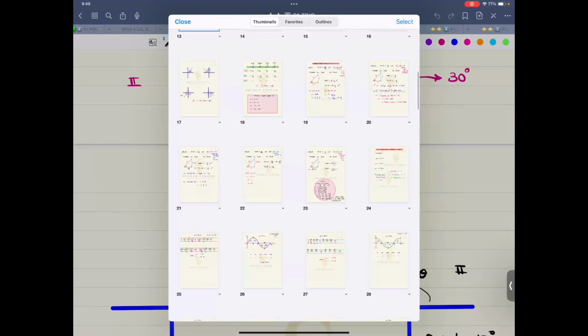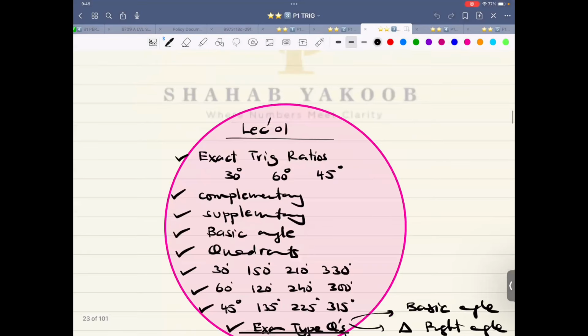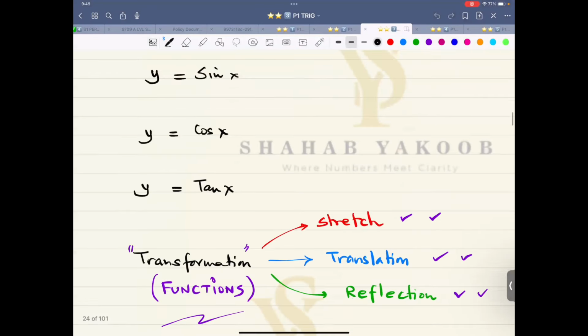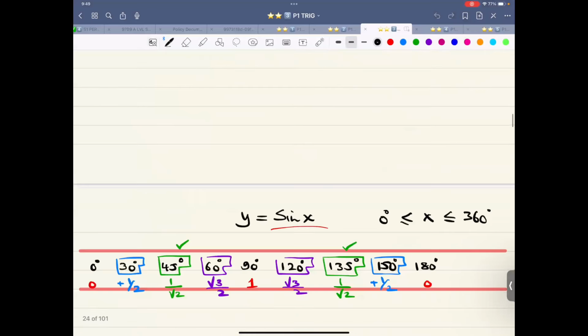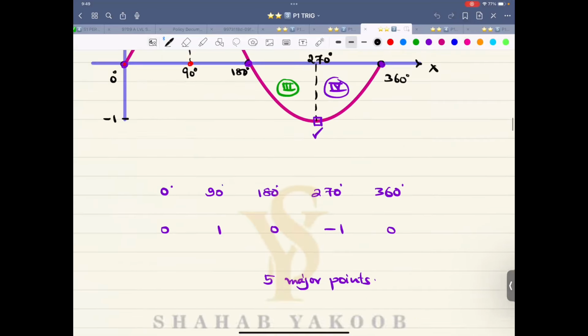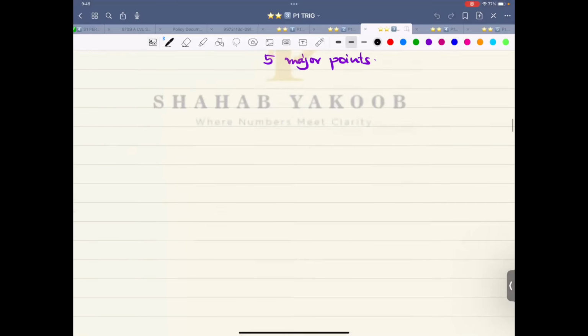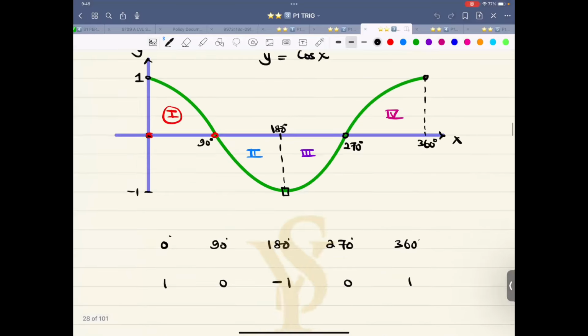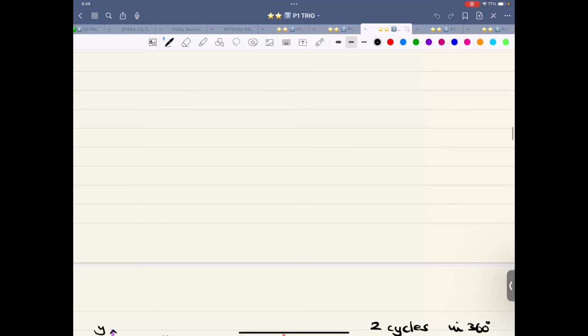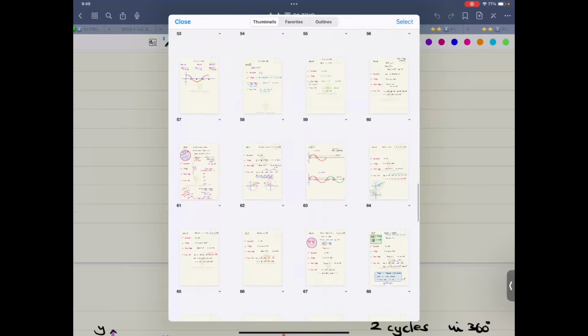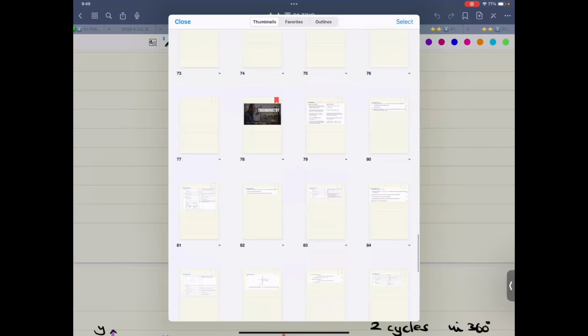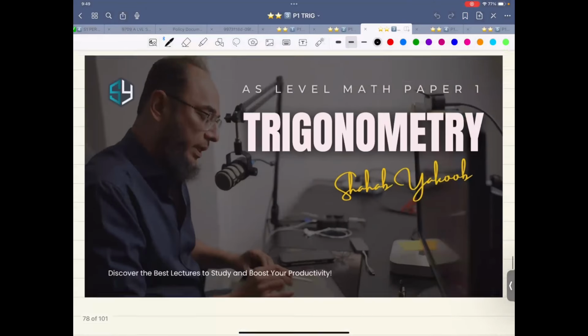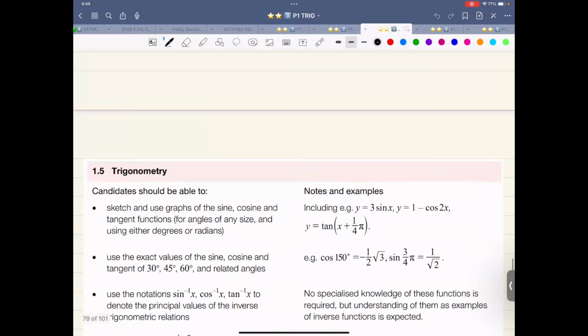And then we talked about supplementary, complementary. This was the review of the whole thing. The transformation of graphs, sine, cos, tan, the quadrants that's seen over here. So a lot of things were done, and I've already shared the videos. So now over here, let's get started with trigonometry.